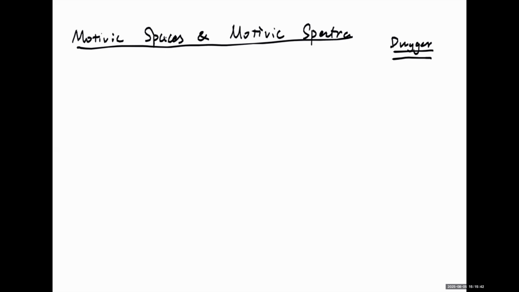Okay, so that side we are not going to talk about. We're not going to do derived algebraic geometry, but today we are going to give an overview of motivic spaces and motivic spectra, and this will be the main topic for the rest of this seminar, I believe. Let's start with some settings. Let S be a Noetherian scheme.